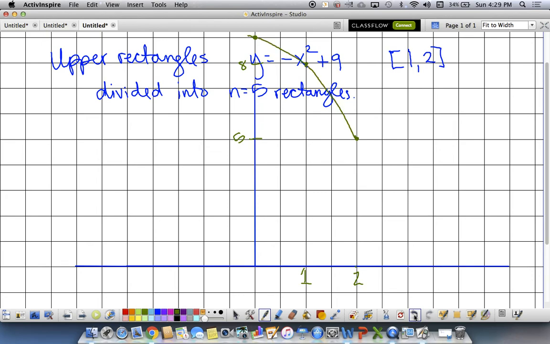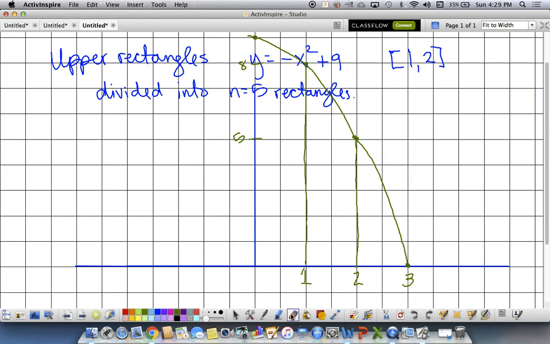What if I was at 3? 3 squared would be 9. Negative 9 plus 9, at 3 I would be at 0. I know that's not in our interval, but it comes down pretty quick. And it's kind of like an upside down parabola if that was there. Okay, so we're looking between 1 and 2, and we want to find the area under this curve.